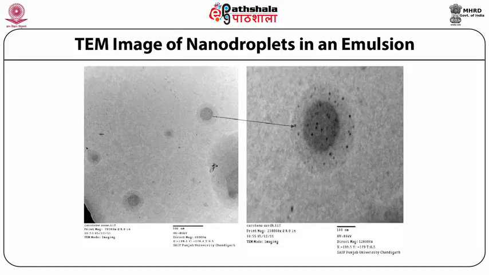The figure on the right is a magnification of one of the nanodroplets, in which the dark spots show the encapsulation of the bioactive. Since there are no black spots in the outer aqueous phase, it is clear that the bioactive is confined or encapsulated within this capsule.